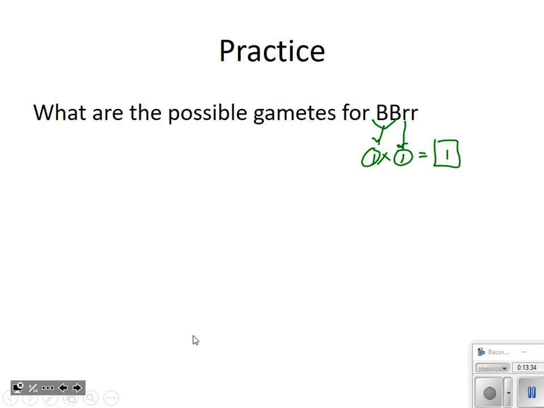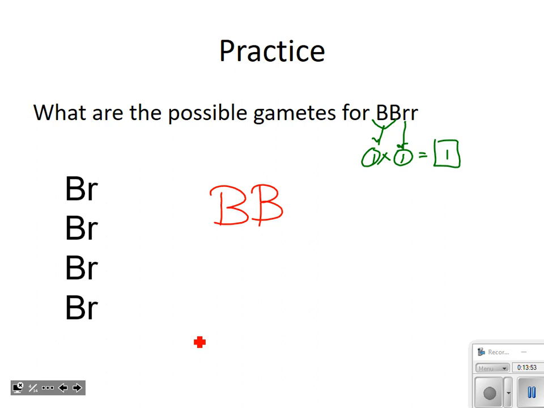Now, look at that. All of them are going to be capital B, lowercase r, right? Let's look. Okay? Capital B, lowercase r. FOIL, F. First. O. Outside. Both of those.